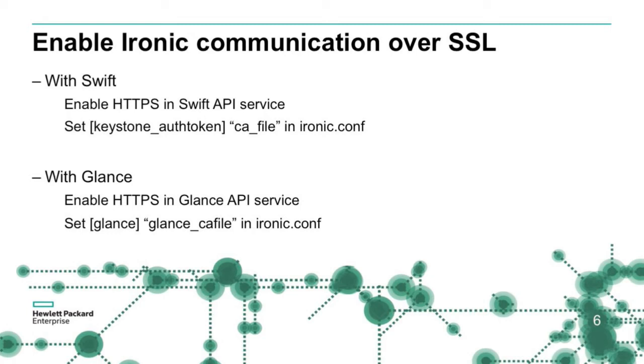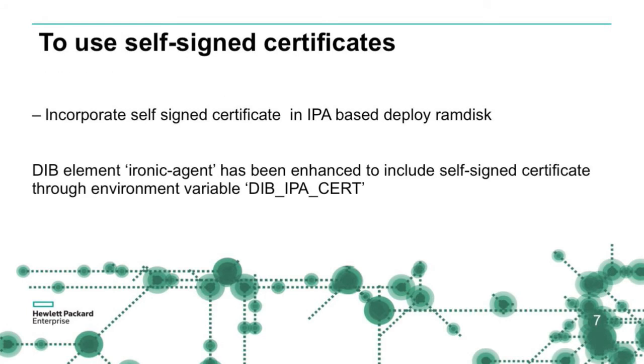Another thing is that Ironic also uses the deploy ramdisk, which is the IPA as they call it. This agent also talks to these services to download the image and lay the image on the bare metal. So you will have to put your self-signed certificate into this ramdisk so that it can start talking to these services, Glance or Swift. DIB is enhanced to insert the self-signed certificates into the image in an automated way.